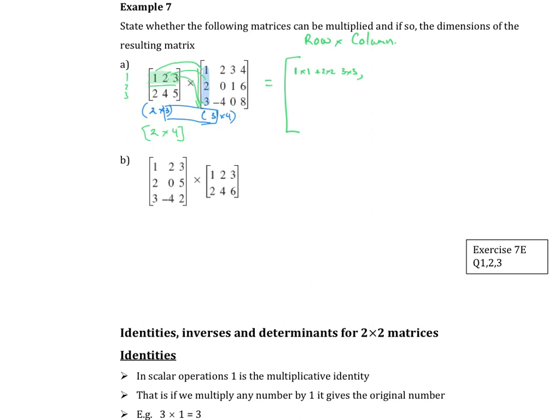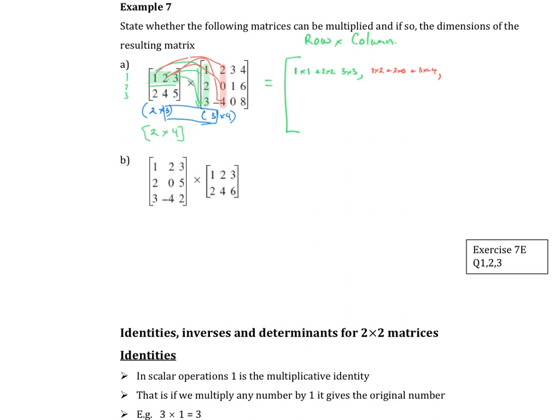And then I'm going to multiply that row by this column. To make it a little bit more color coded, let's leave everything in that column as green. And so now we're going to make our way to red. And I'm going to say 1 times 2 plus 2 times 0 plus 3 times -4.